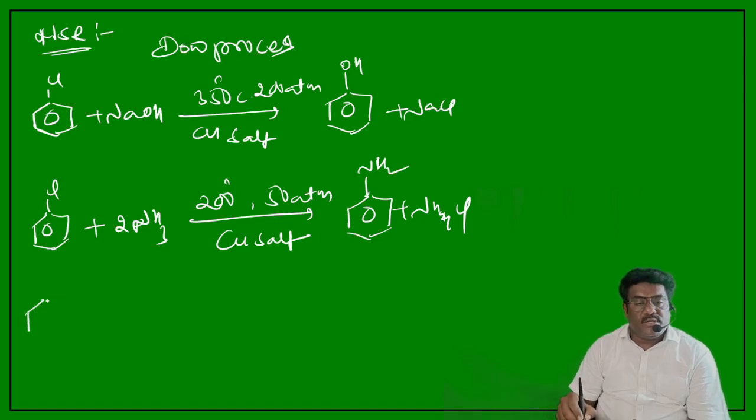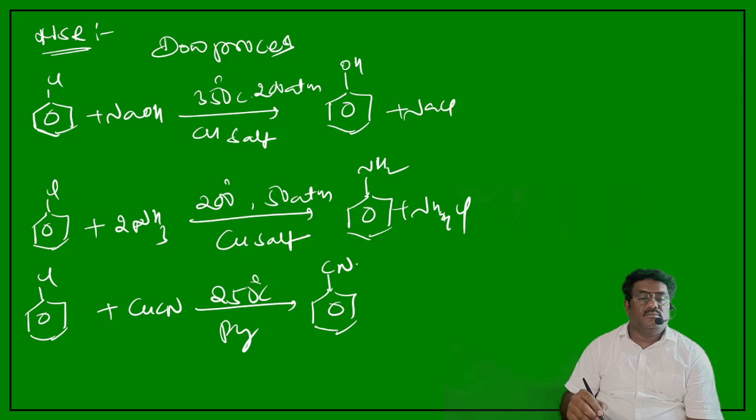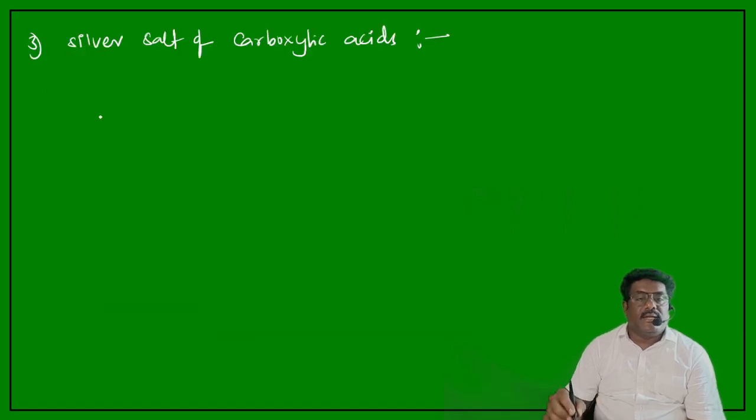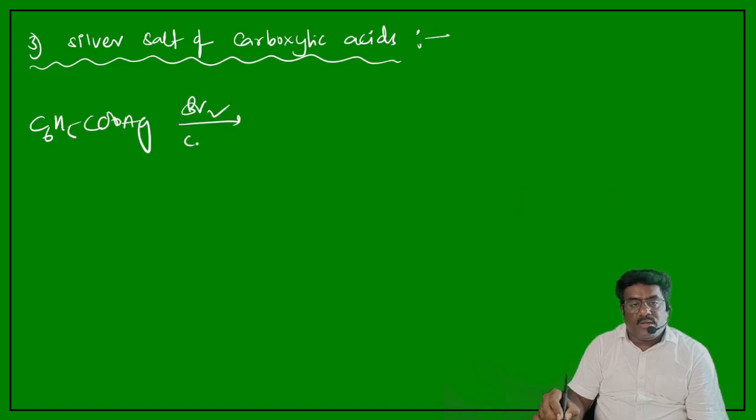Chlorobenzene with copper cyanide, CuCN, at 250 degrees Celsius in presence of pyridine gives cyanobenzene. Next, silver salt of carboxylic acid: C6H5COOAg with Br2 in CCl4.